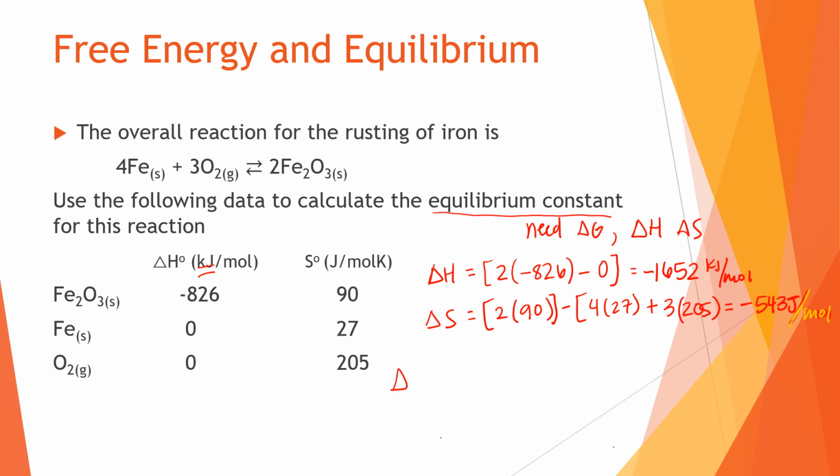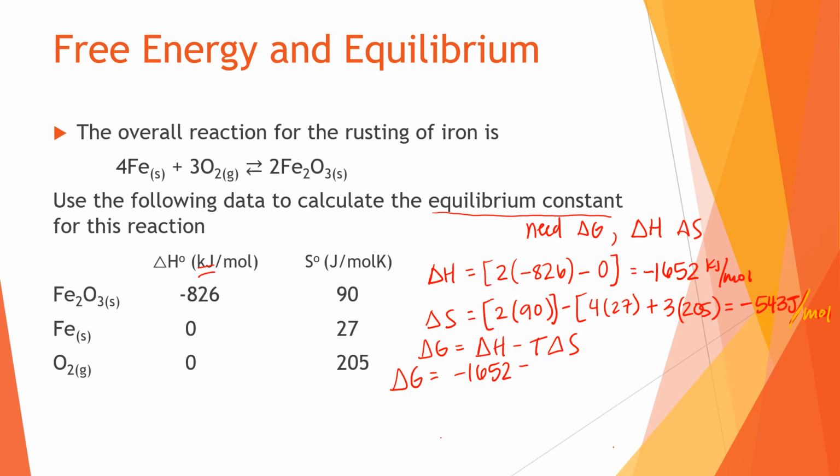Now that we have both those, we can calculate delta G. So my delta H value is negative 1652.